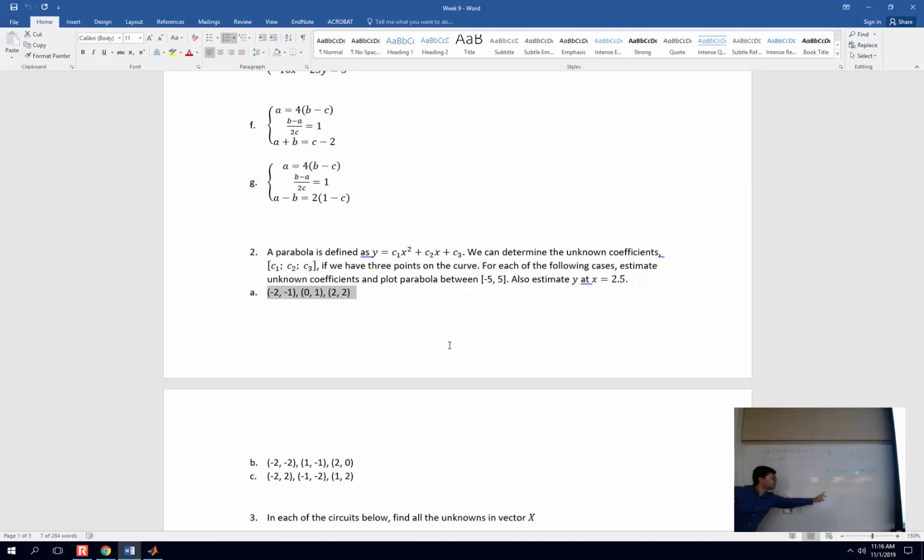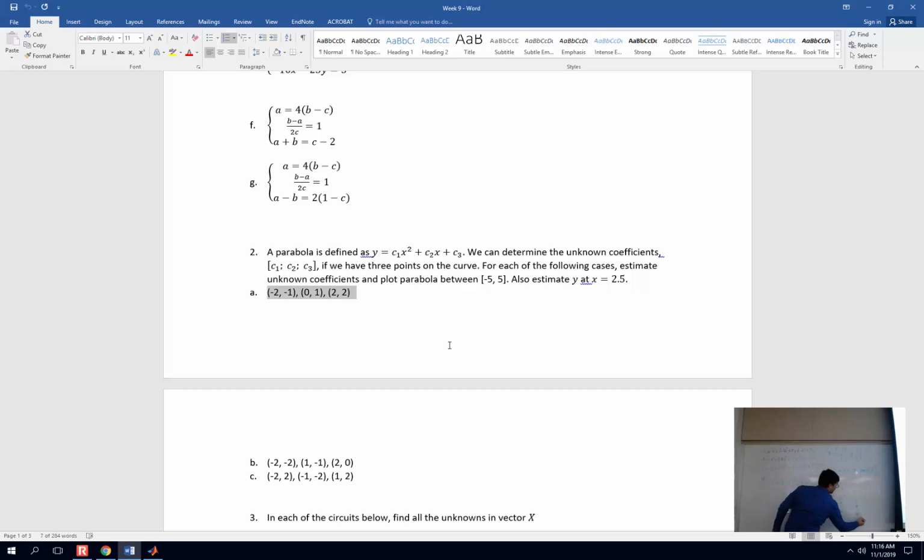Isn't this your matrix A? Where did I get this? From the equation. Equation was what? Y is c1 x squared plus c2 x plus c3.